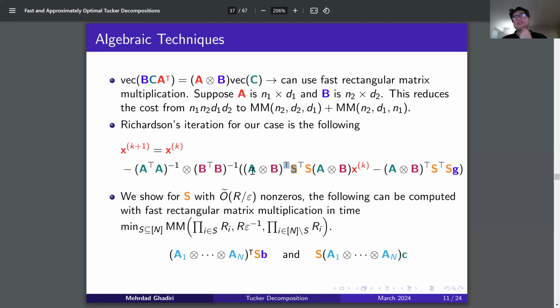If you compute this and then use the sparsity to do this faster, the running time we can get is about R squared. You don't need to compute all the columns, but you still need the columns corresponding to the non-zero entries, and that would take R squared over epsilon. But this running time is faster than that. It's subquadratic, even faster than R squared.